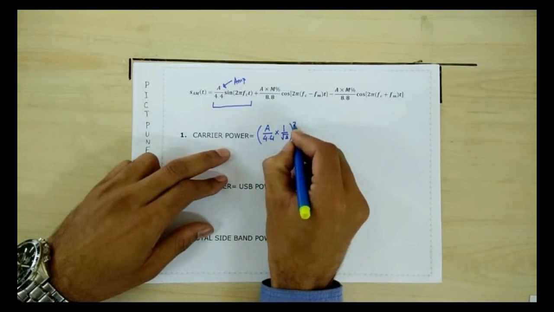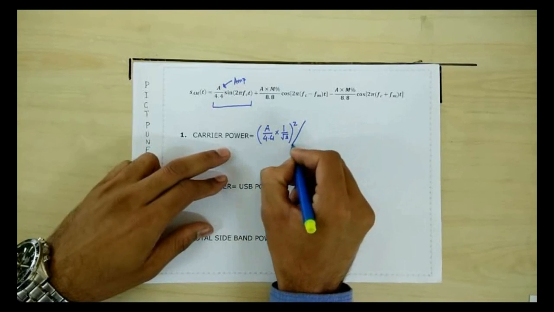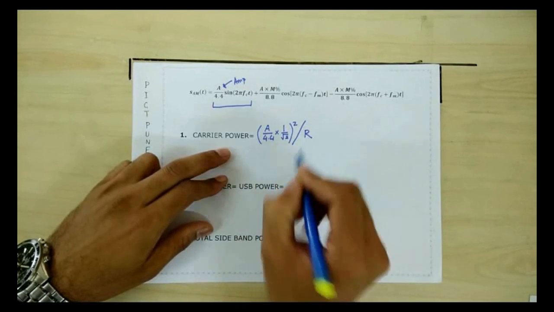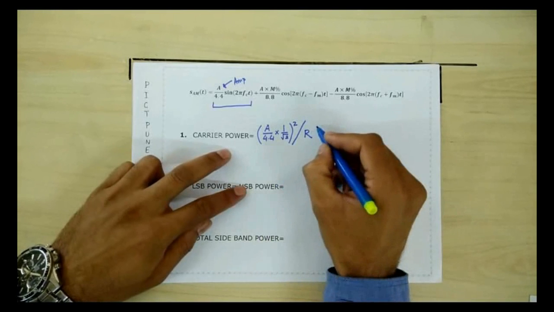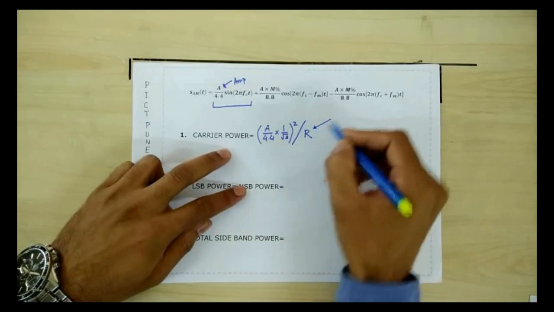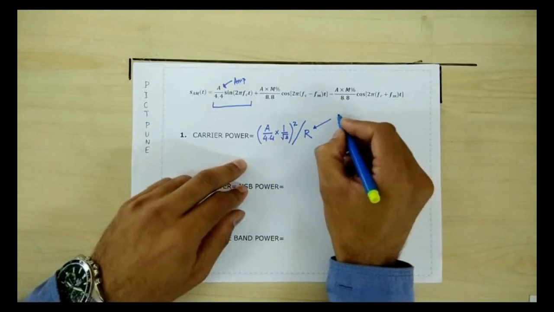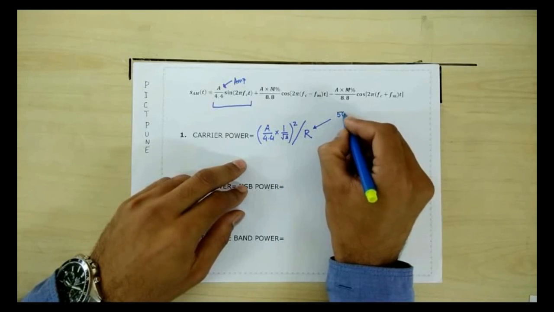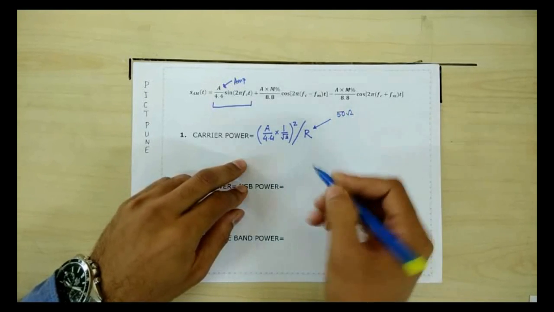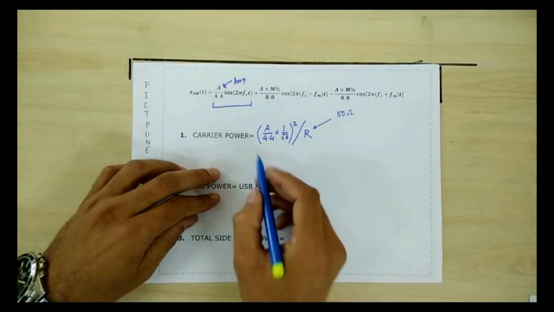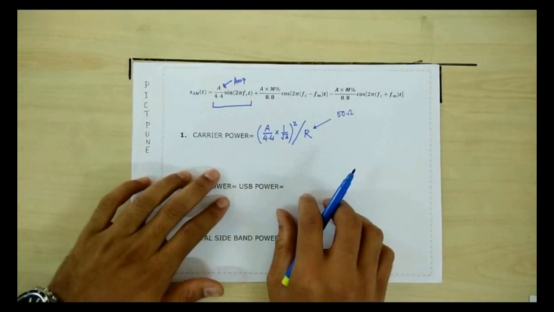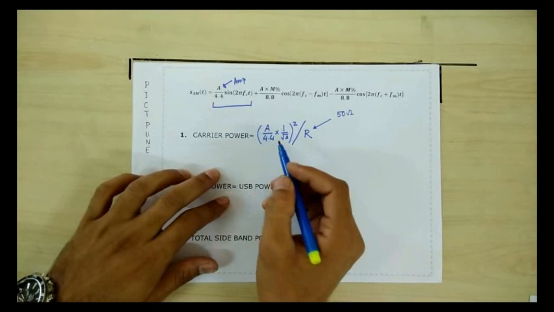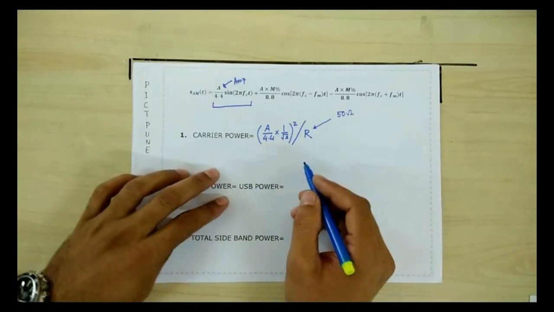So this has to be squared, and we have to divide it by the resistance. If you see the resistance value, we are going to use the resistance of the spectrum analyzer, which is typically 50 ohm in our spectrum analyzer. So basically this is the carrier power which is there in our equation.